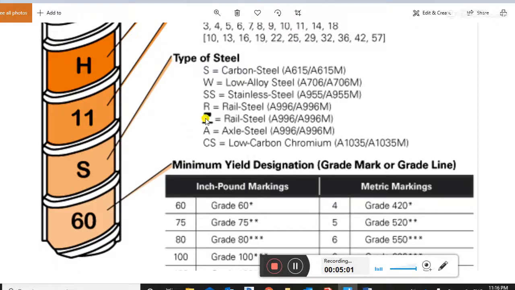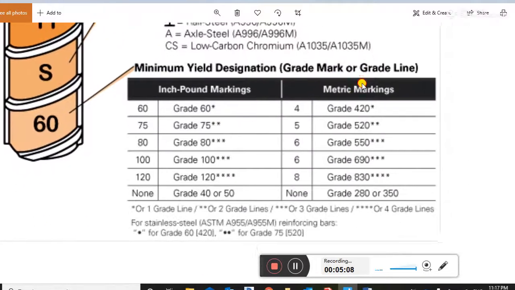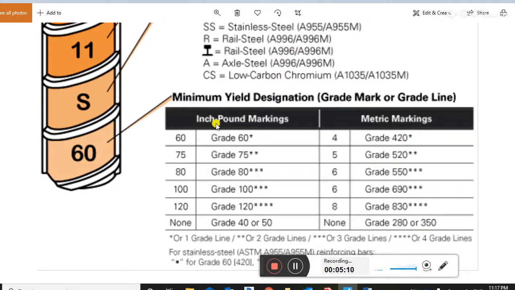We have got some idea. The minimum yield designation, grade mark or grade lines are here, with inch-pound markings and metric markings. This 60 is the minimum yield designation.